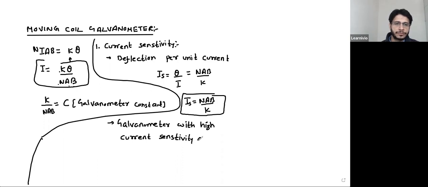So we prefer galvanometers with a very high current sensitivity.